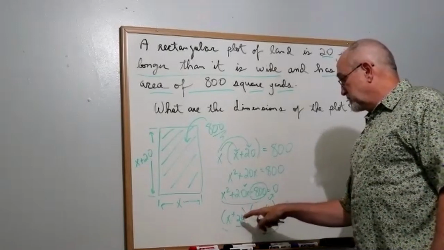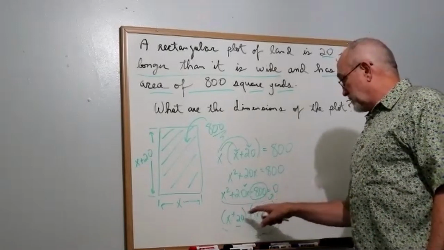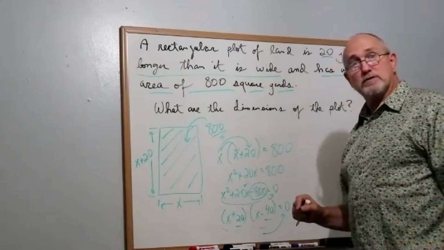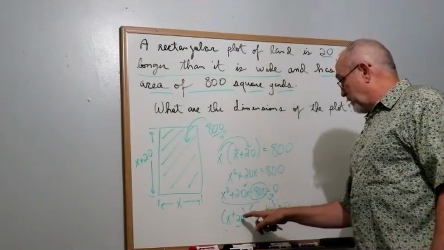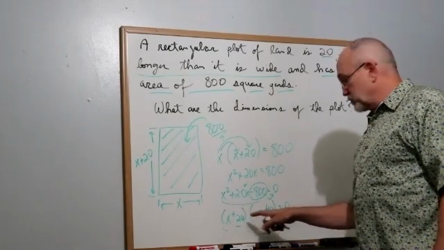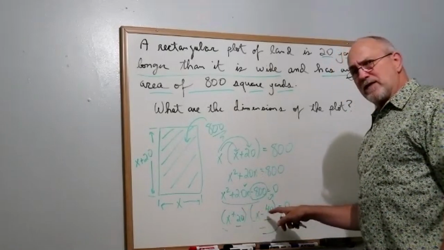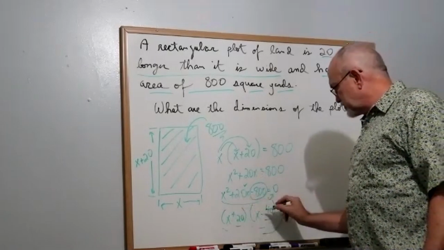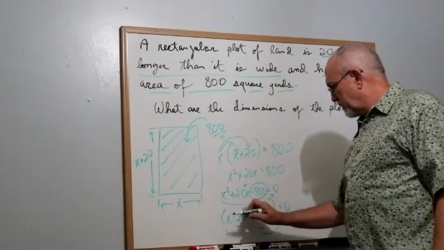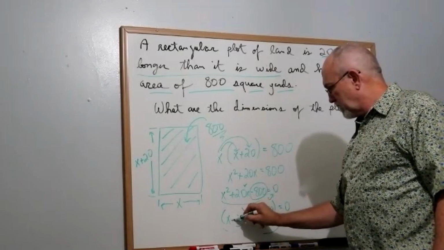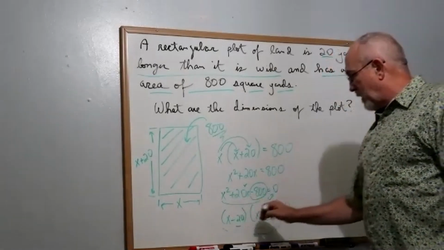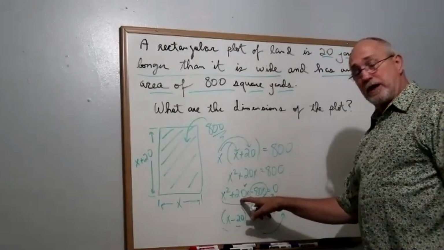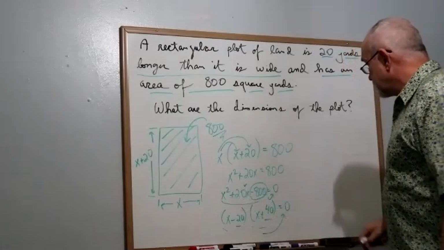Negative 40 times plus 20 equals negative 800. So we got the first part of the test solved. And then 20 minus 40 equals minus 20, but we need plus 20. So let's change the signs. And now 40 minus 20 does equal positive 20. So we have the right numbers.